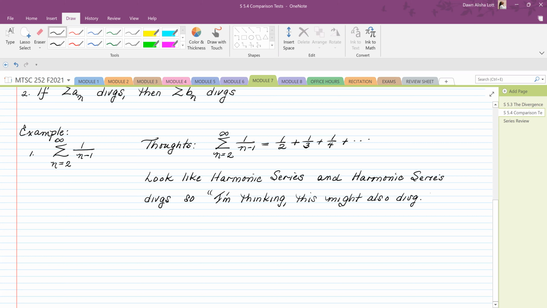But that's not good enough. We have to prove it. The way to prove it is to see if I can relate this to the harmonic series.